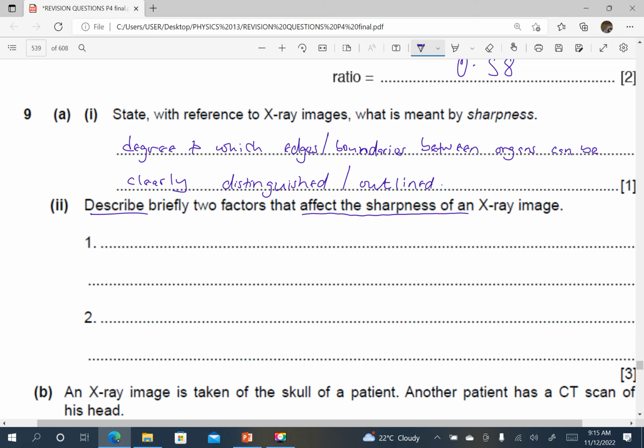Sharpness is going to be affected by the size or the area of the X-ray source, which is specifically the target anode. The size or the area of the target anode affects the sharpness.